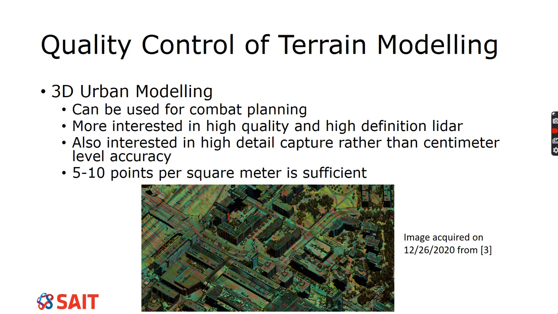Your guy goes into the wall and you can be shot from the other side of the wall. So that high detail capture is so much more important. The centimeter accuracy level, sure, that's a programming glitch. You can pass through the wall, but you don't really care how long that wall is to a centimeter. What you really care about is where it visually ends so you can get around it, right?